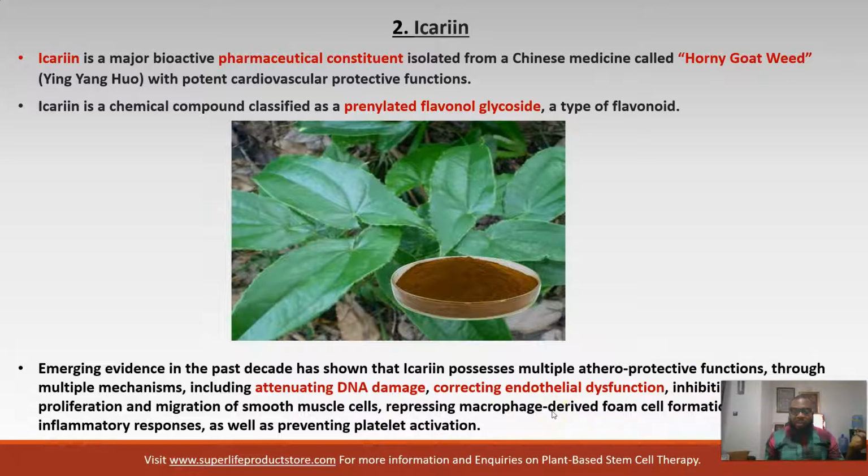It attenuates DNA damage, it corrects endothelial dysfunction, and a whole lot. This particular icariin has been very effective in stem cell therapy research, and it has been very effective in the proliferation of human stem cells.